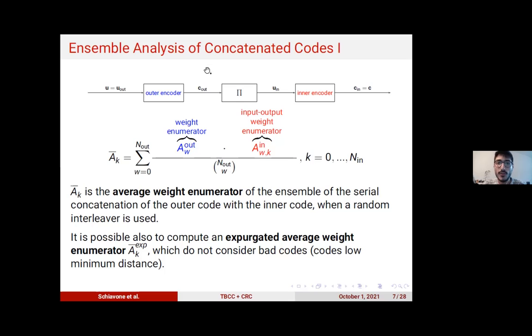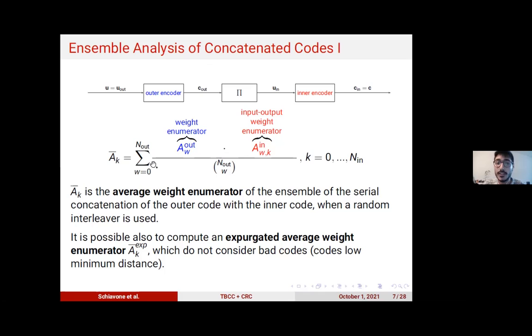So if the code word of the outer encoder has n_out bits and only W are ones, all the possible combinations of these ones are n_out choose W.